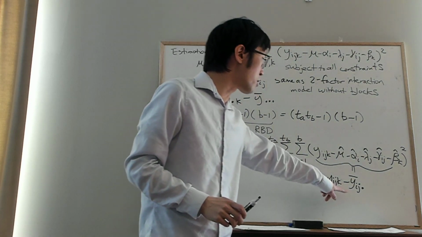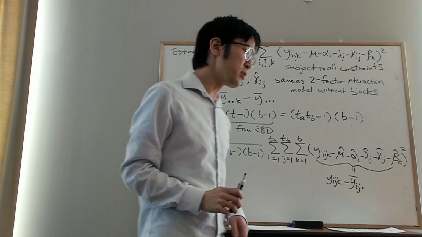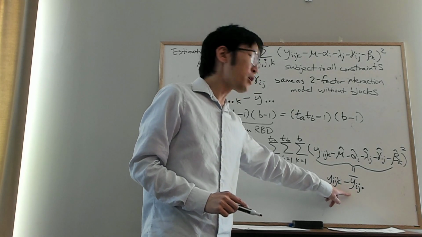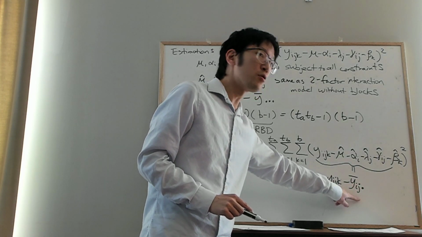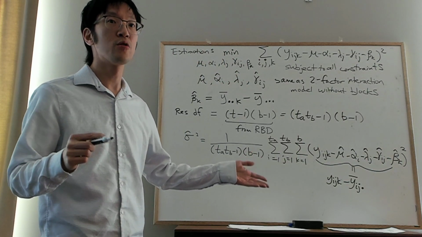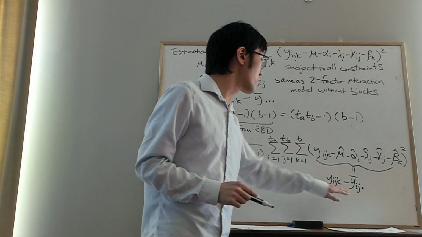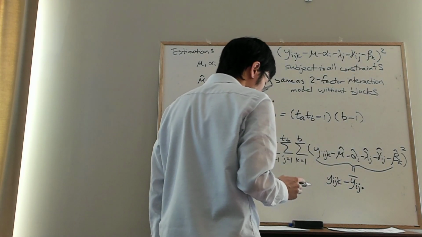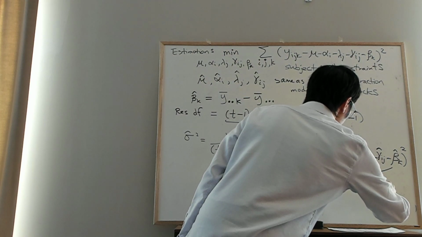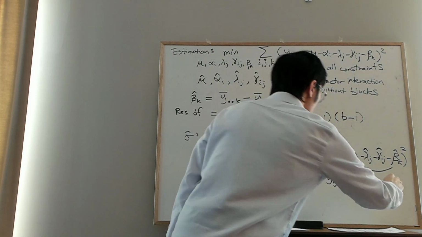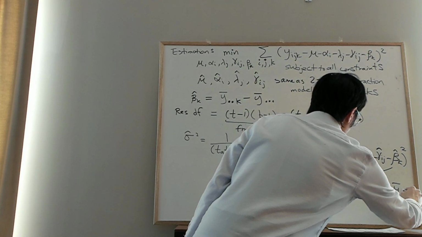Recall y bar ij dot is a treatment mean, because it is all the units assigned to level I of A and level J of B, and so that is one specific treatment, and this is the mean of that treatment. So minus the treatment mean, and then minus the block mean, and then finally plus the overall mean.